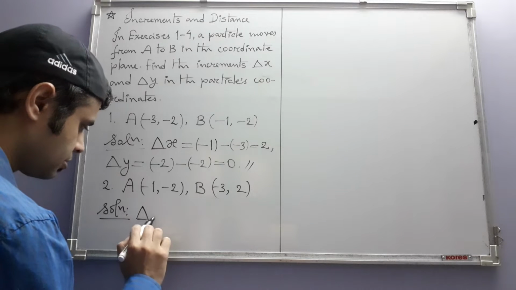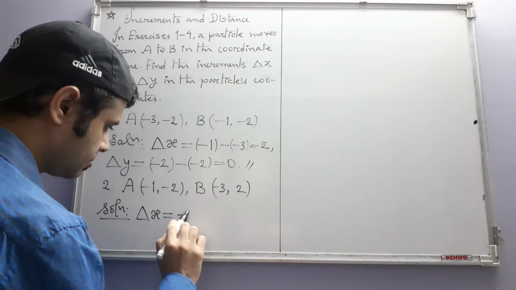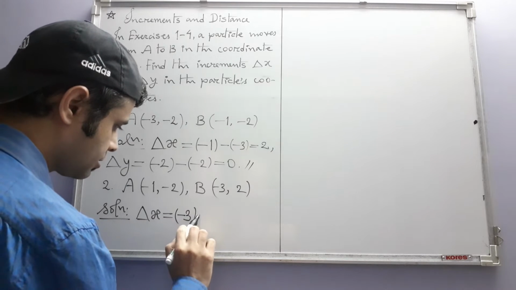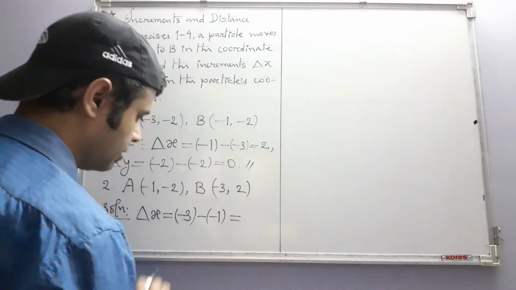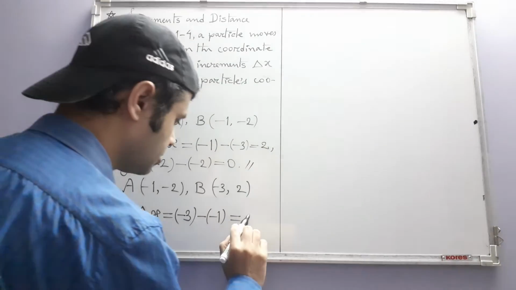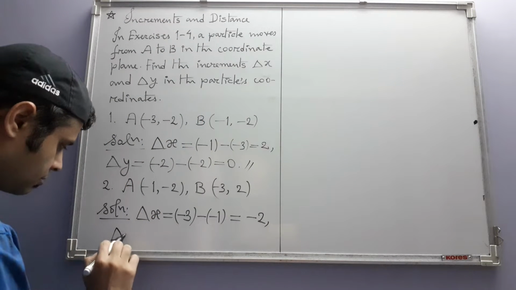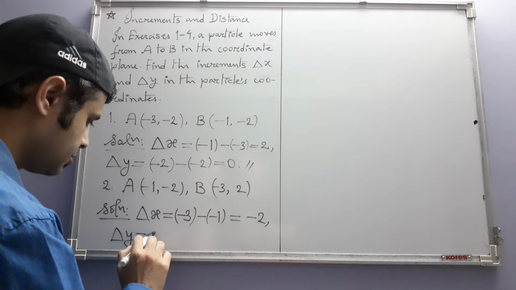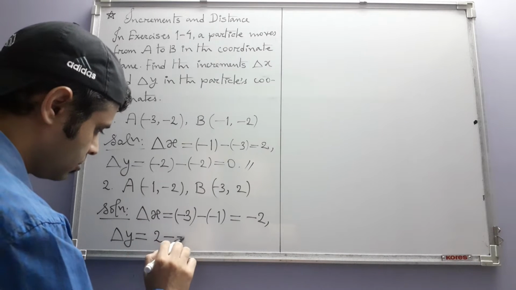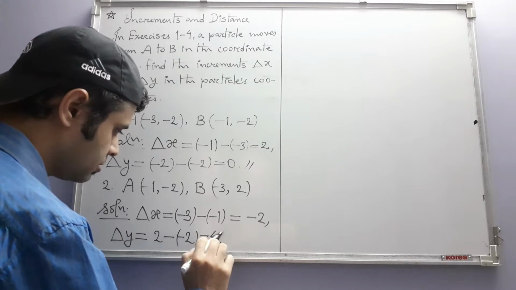In this case, delta x is -3 minus 1. That means -3 plus 1, so this is -2. And delta y is 2 minus -2, so this is 4.